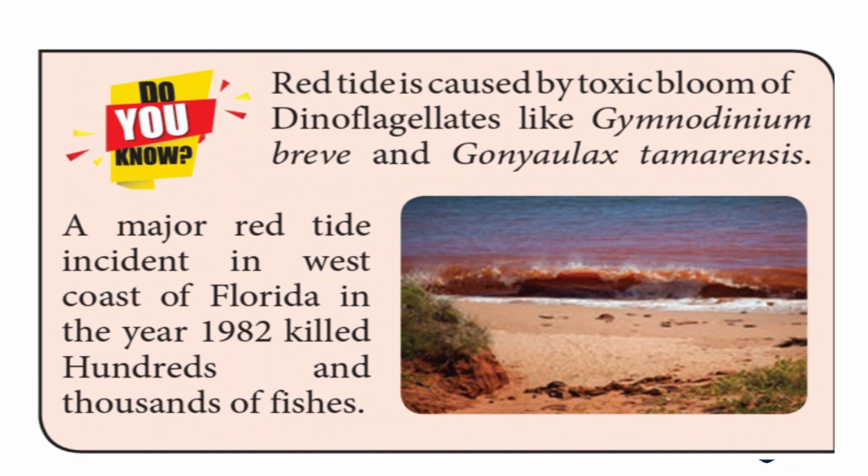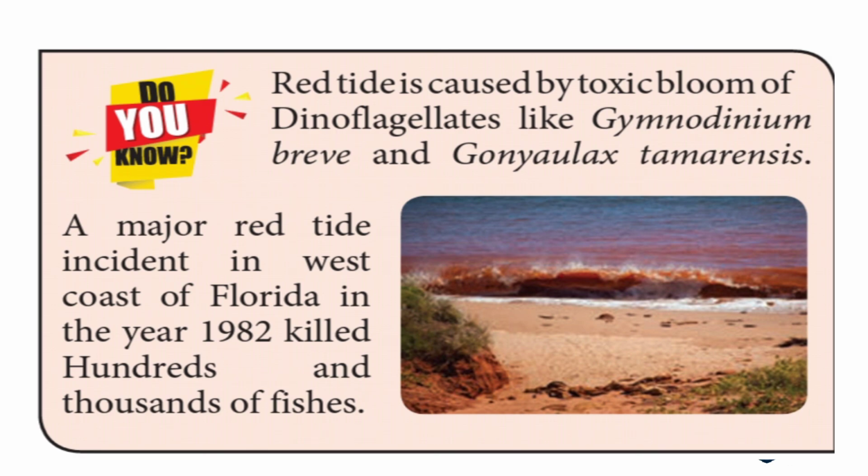The red tide is caused by a toxic bloom of dinoflagellates like Gymnodinium breve and Gonyaulax tamarensis. A major red tide incident on the west coast of Florida in the year 1982 killed hundreds and thousands of fishes.